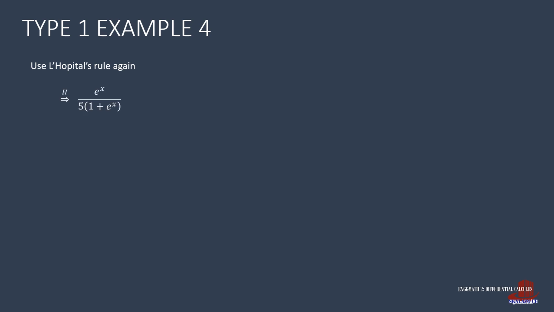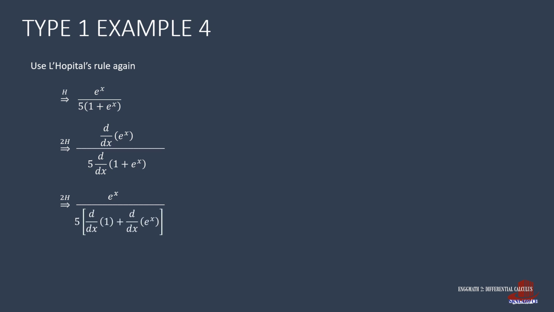From the original equation, we take the derivative of e raised to x over 5 times the derivative of the quantity 1 plus e raised to x. The derivative of e raised to x is the same e raised to x. Distribute the derivative in the denominator to get 5 times the derivative of 1 plus the derivative of e raised to x.